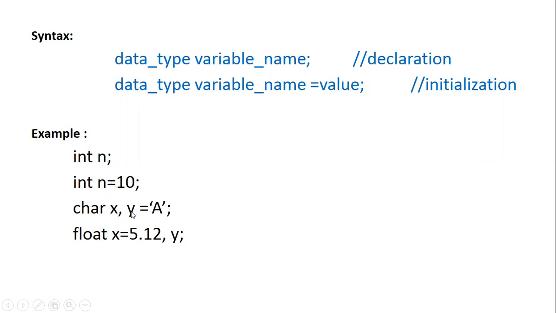Character X, Y is equal to capital letter A, semicolon. This is one of the interpretations that you have. You can declare multiple variables in a single line with the type of the data. Like I can have integer n, x, p, s, etc. You can declare multiple variables at the same time. You can look here at the float variable. X is equal to 5.12, comma y.